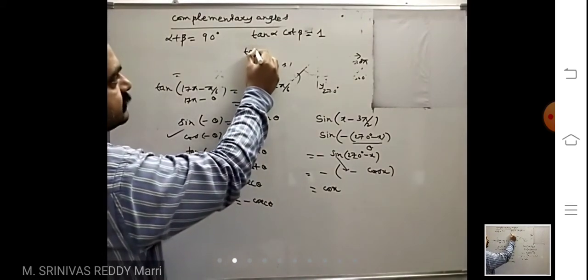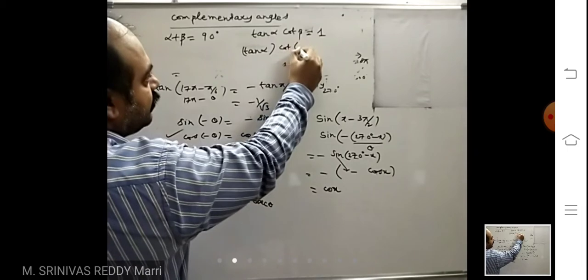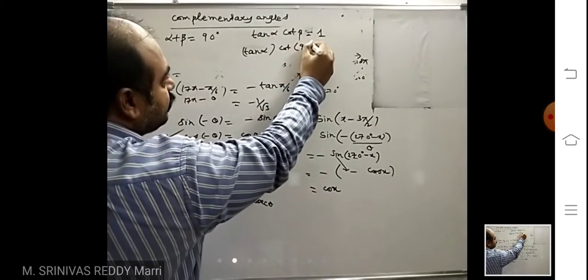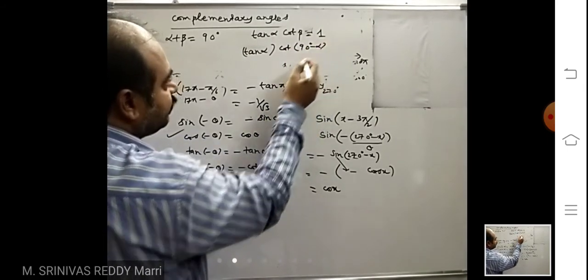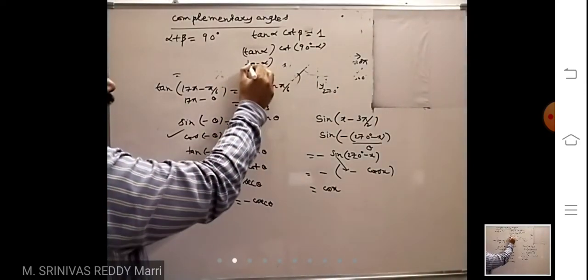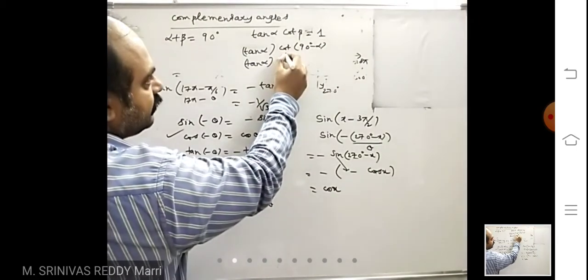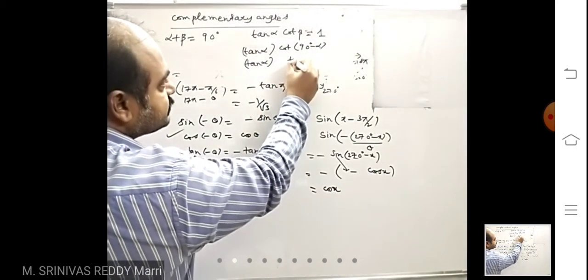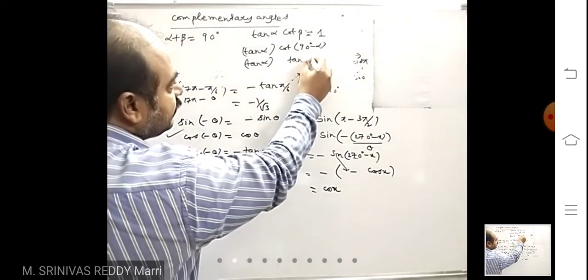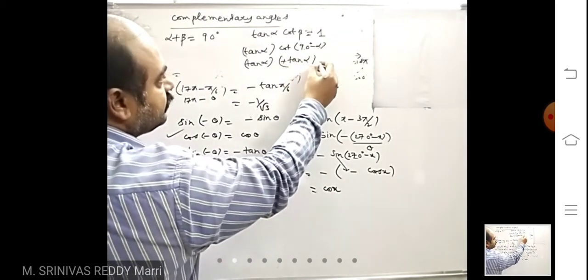So that means tan alpha into cot of beta, that is cot of 90 minus alpha. That means tan alpha into cot of 90 minus alpha. 90 minus alpha is in first quadrant.